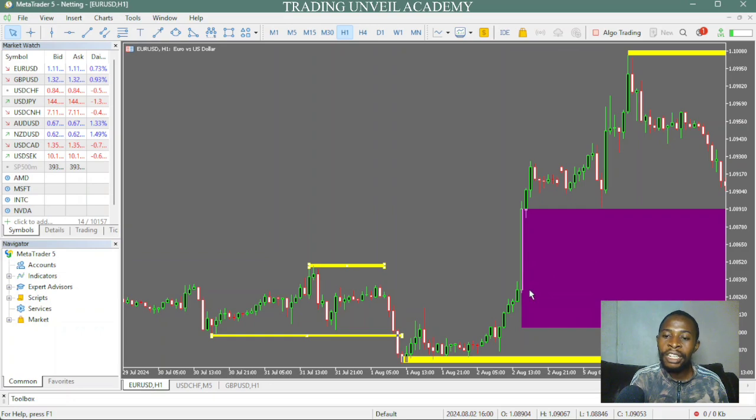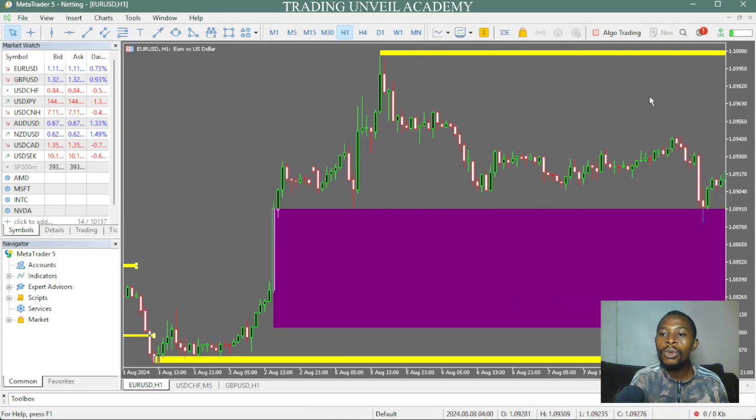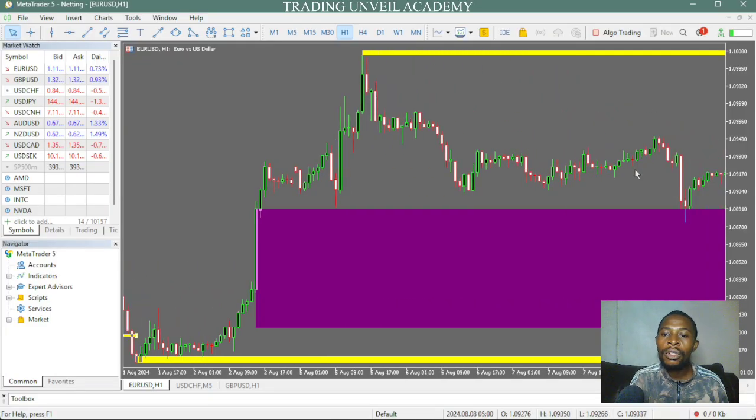Instead, the market refused to come back to mitigate it. It reverses a little and then it went up. So after going up, you know that in future the market is going to trade within this imbalance before it goes. You understand? So that's why the market, after taking this high, falls back again to this point.